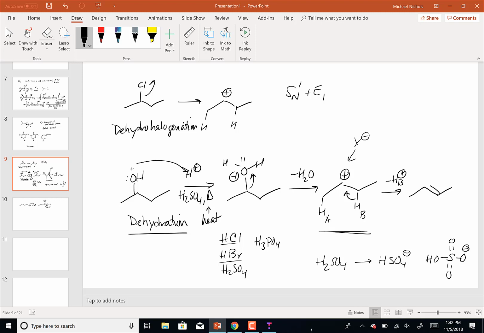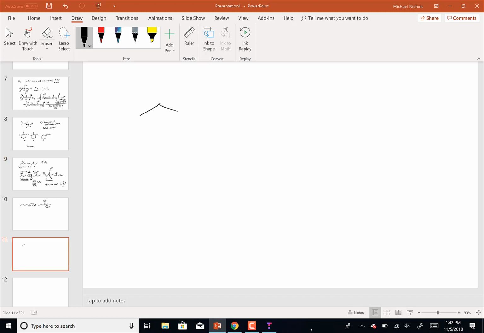So we can throw in carbocation rearrangements to this. I could say, for instance, I'm going to take that alcohol, I'm going to treat it with H2SO4 and heat.